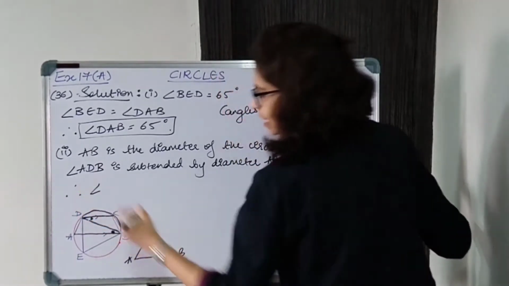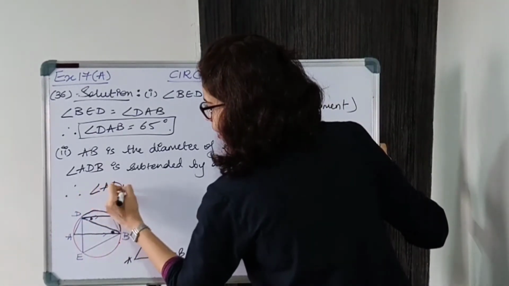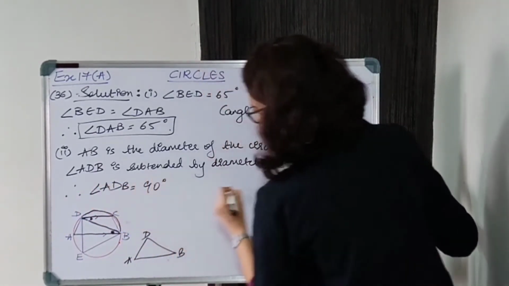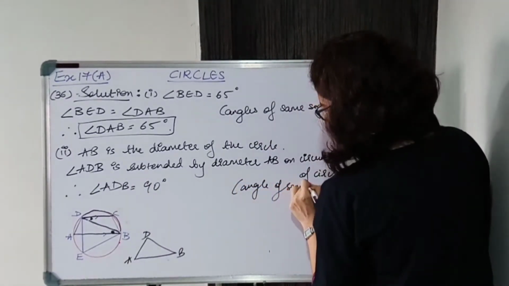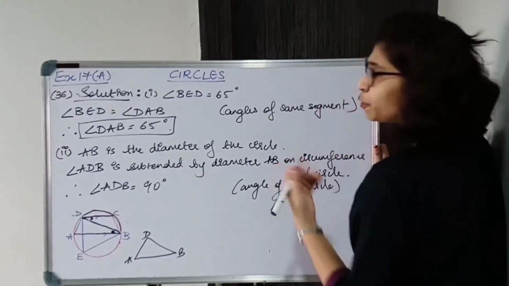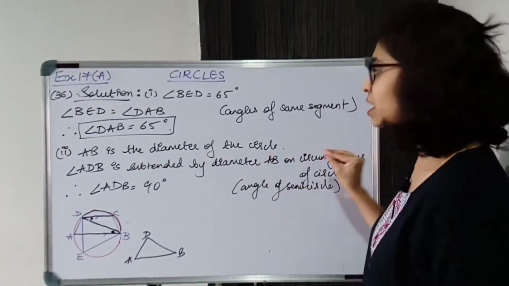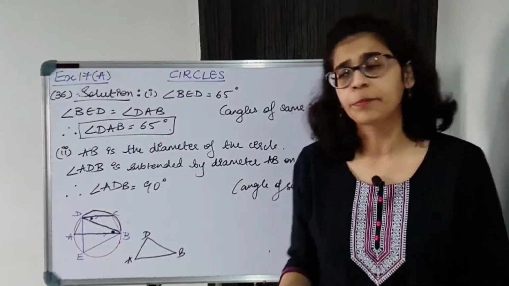Therefore angle ADB is equal to 90 degrees. You can write down angle of semicircle. Even if you don't write, it's a sufficient reason. ये जो statement लिखा है that is sufficient reason, okay.